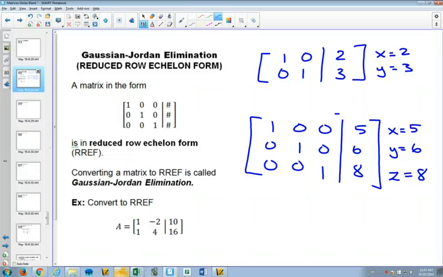As far as an order goes, you start with Gaussian elimination because you are going to get that bottom left-hand corner of zeros first. So what you're going to do is you're going to get this first.